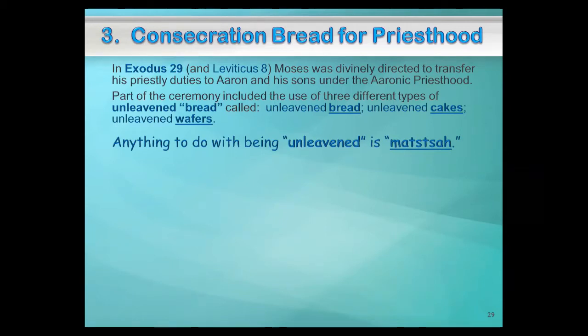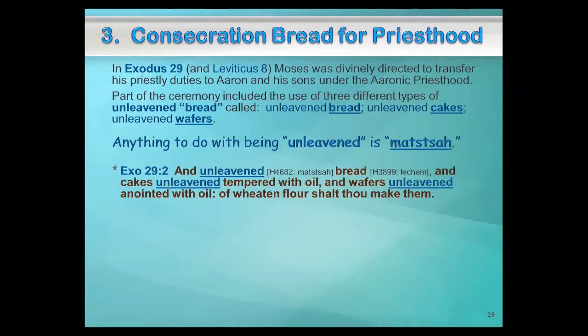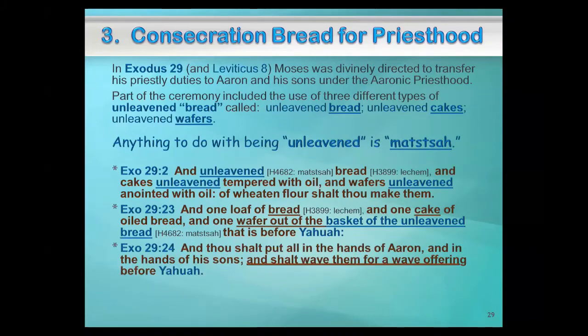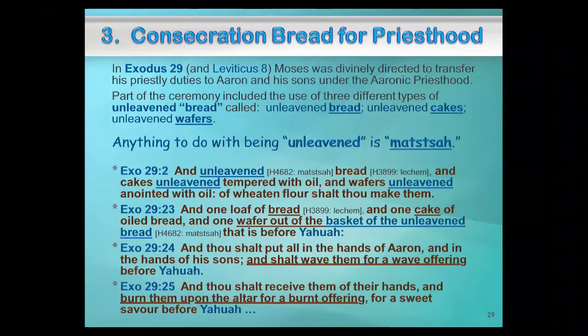You'll find that very easily, and we'll read some scriptures here in Exodus 29. And unleavened, which is matzah bread, unleavened bread, and the bread is lechem, so it's unleavened bread, and cakes unleavened, tempered with oil, and wafers unleavened, anointed with oil of wheaten flour, shalt thou make them.